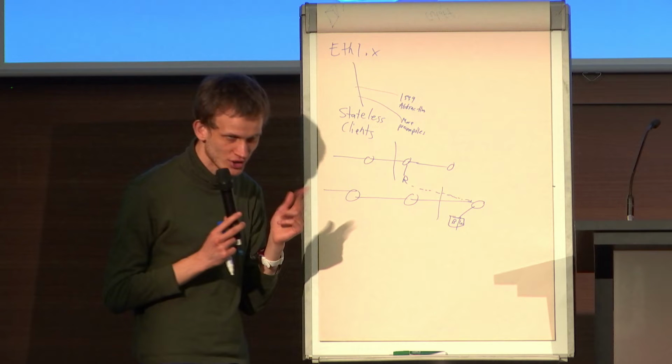Another thing might be account versioning, and basically there's a bunch of changes that we might want to do to the state, and there's also the possibility of having some kind of pre-processing procedure happen at this point.